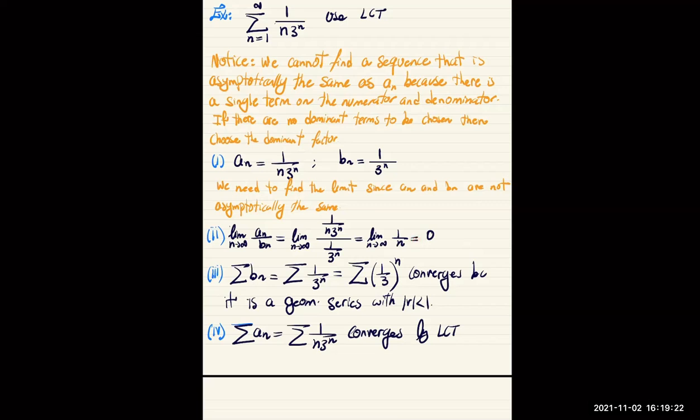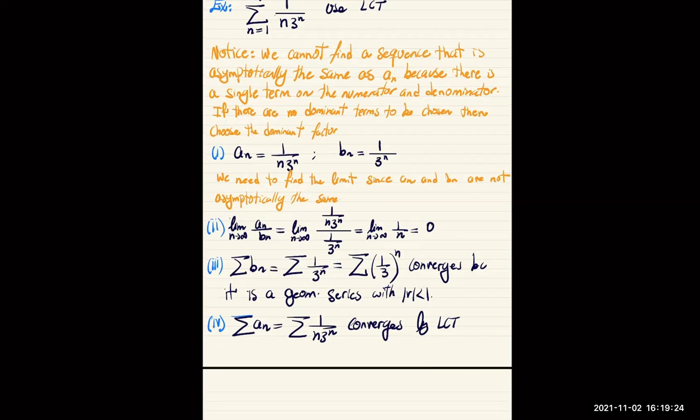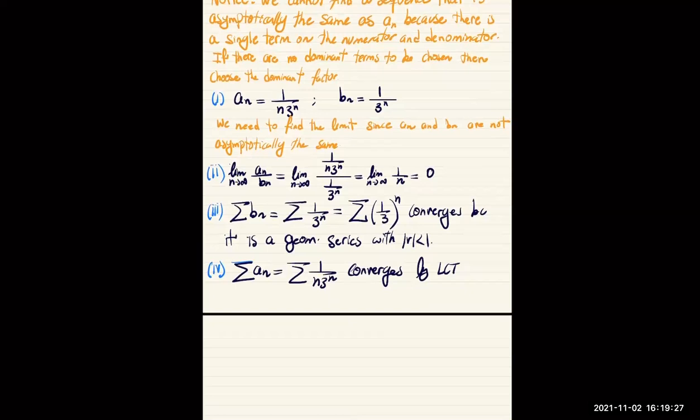What you get basically is that the summation of A sub n is less than the summation of B sub n. And we know that this is convergent, so it's equal to some finite number. Therefore, the original series is less than something finite, therefore it's convergent.